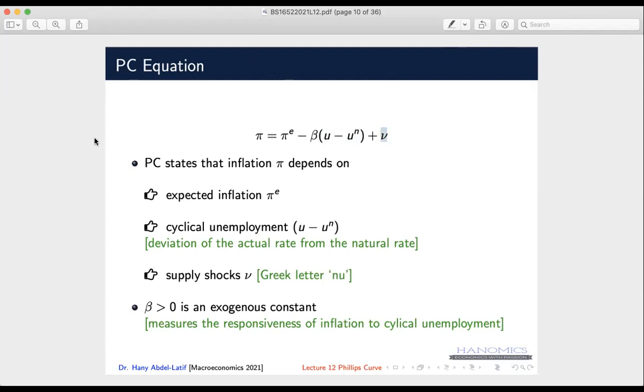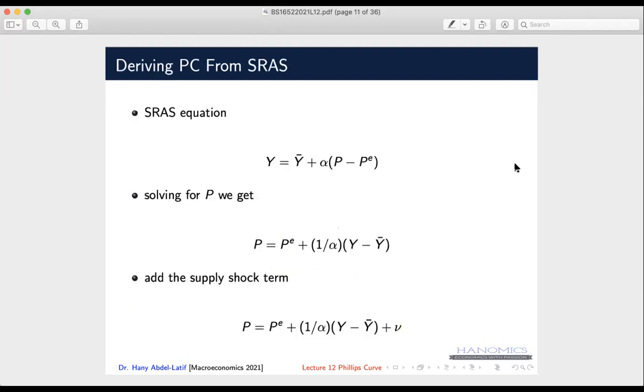In this context, the relationship is still negative between inflation and cyclical unemployment. But it also includes expected inflation, and it also considers supply shocks.